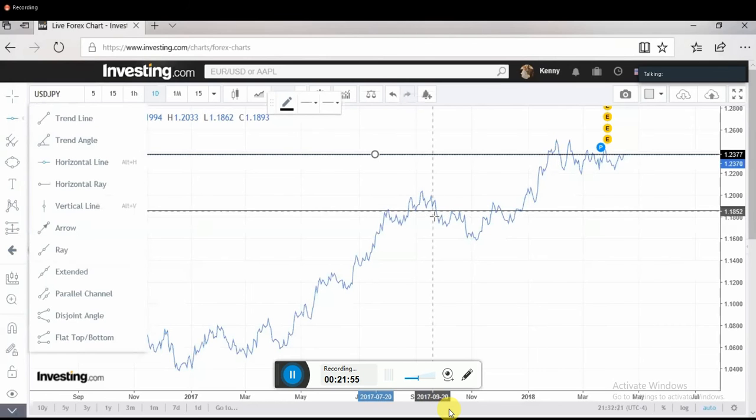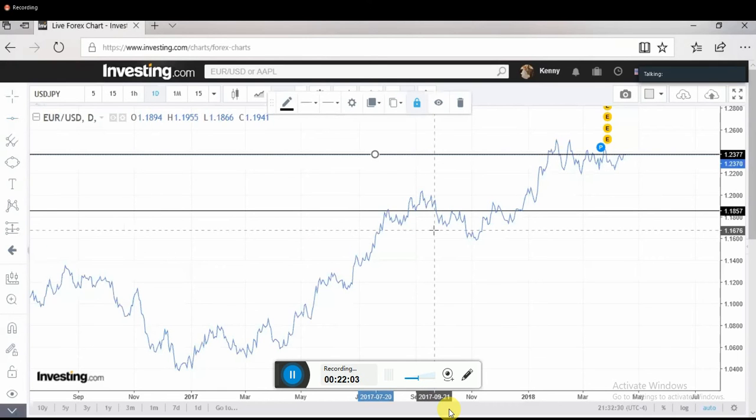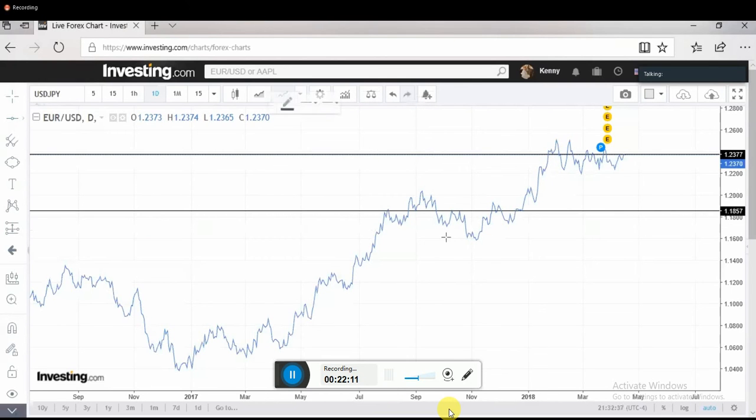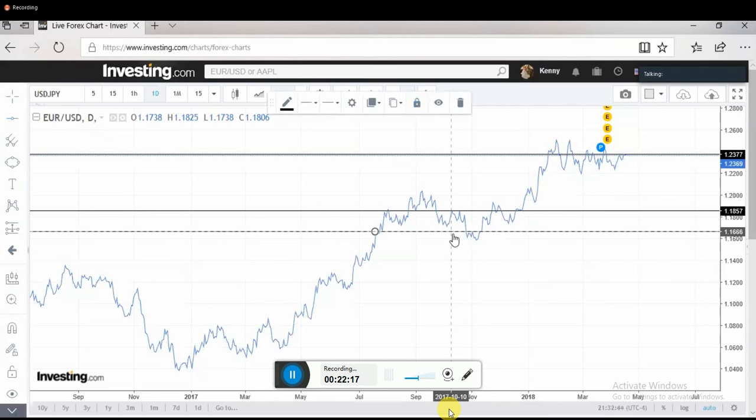And I'll just do a couple more. There's another tap right there. It's tapping right there and tapping right there.